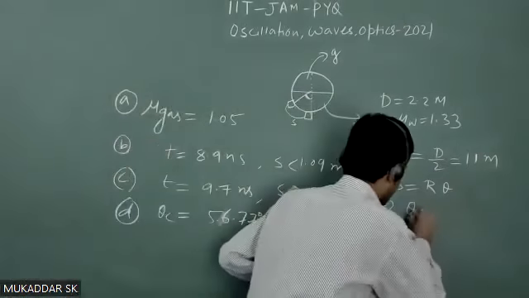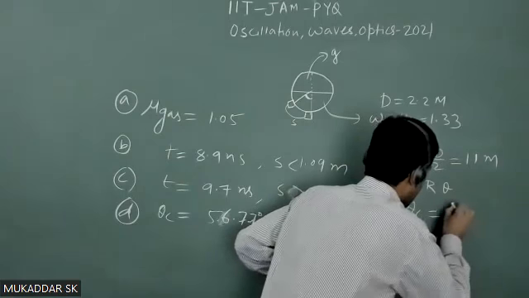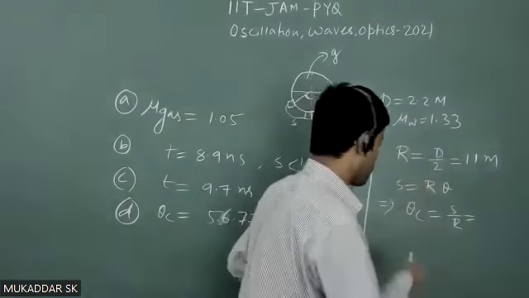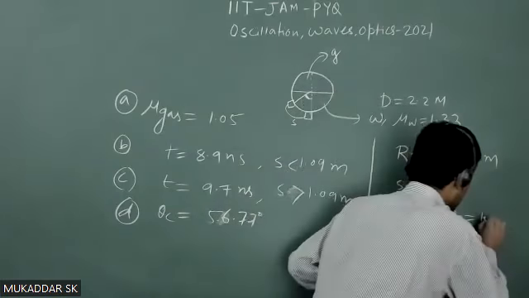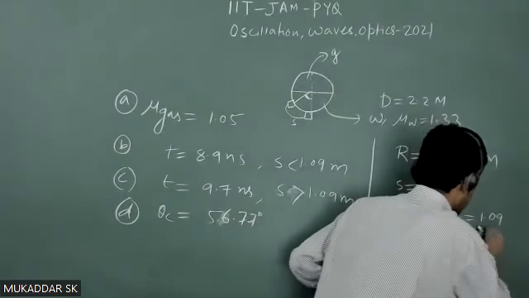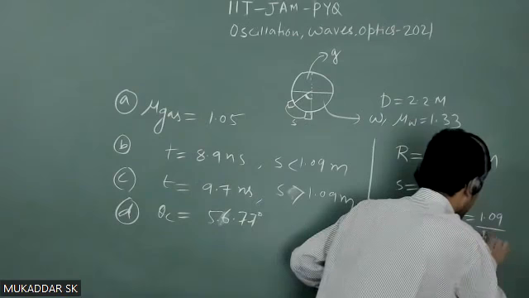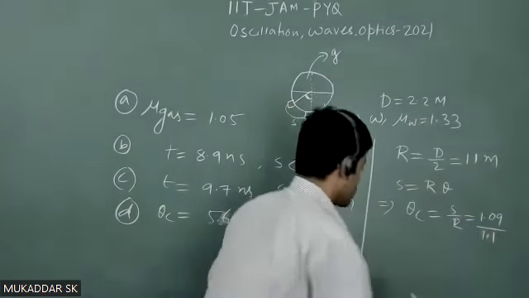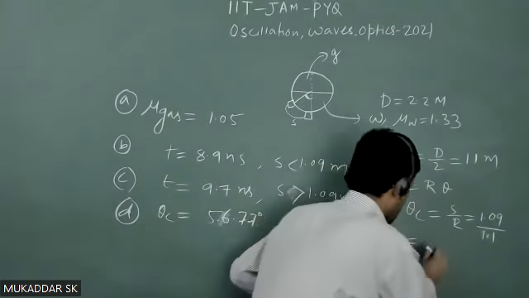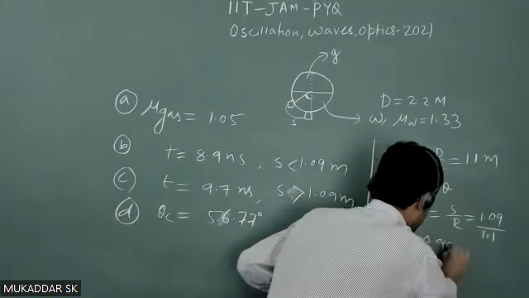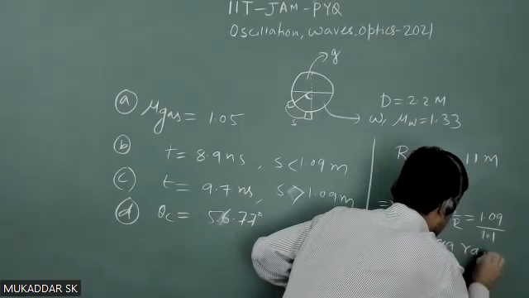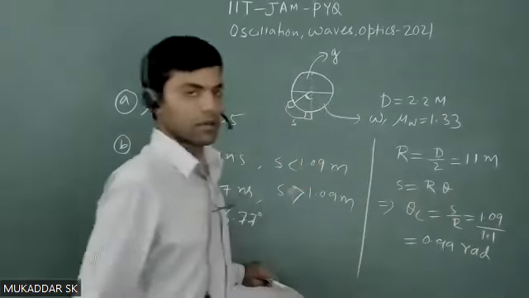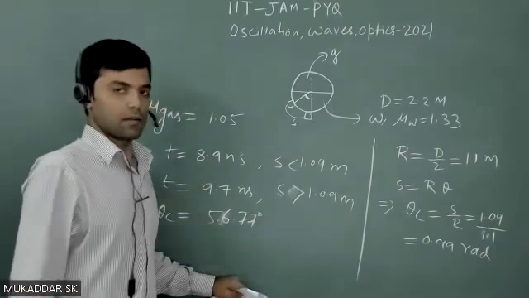So theta c will be s by r, that is 1.09 divided by 1.1, so you will get 0.99 in the unit of radian. If you convert it into degree, you have to multiply by 180 by pi.